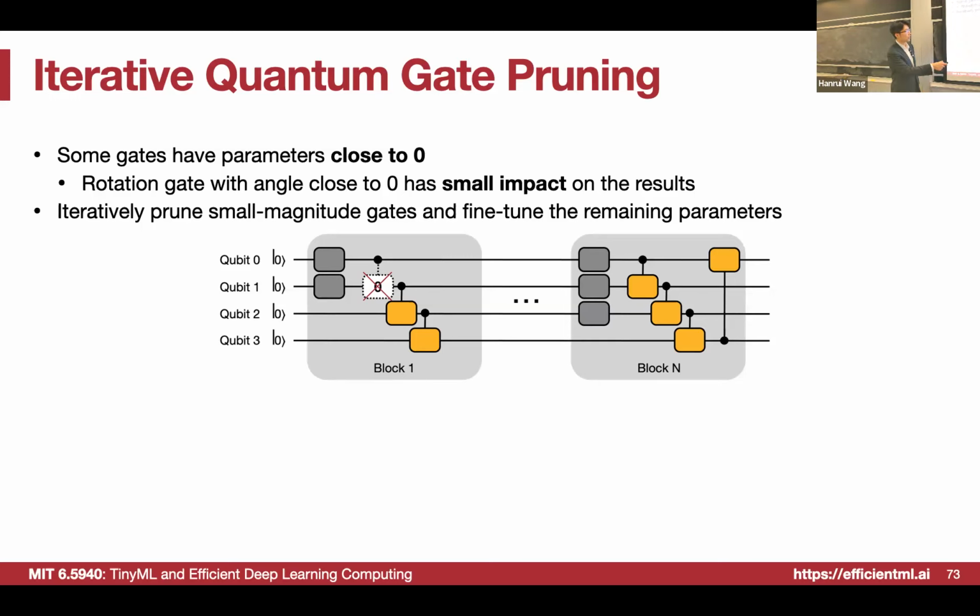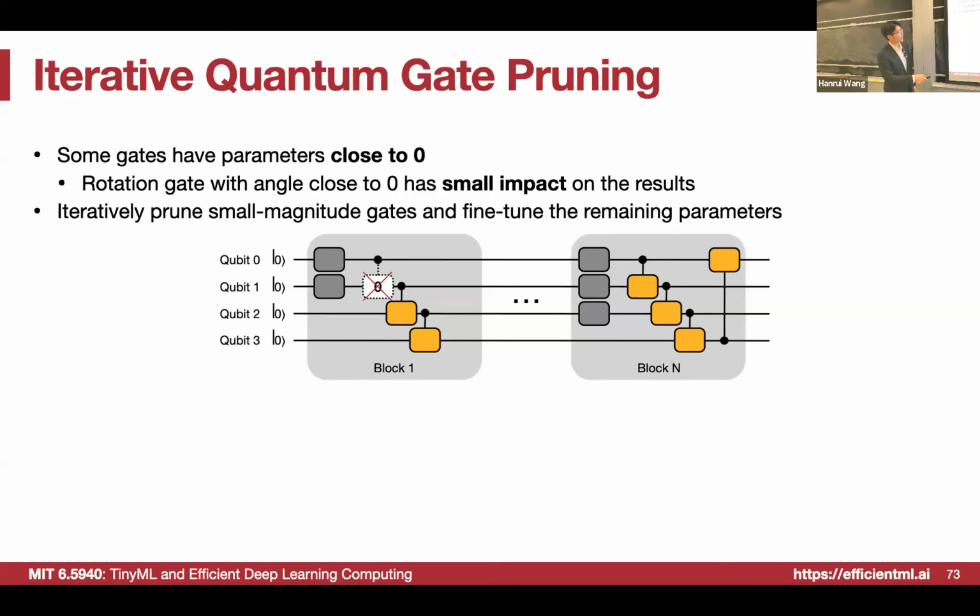So we just remove gates with values very close to 0, and also of course very close to 2 pi, because there is a cycle between those values, say a rotation gate plus 2 pi is the same as the previous one.